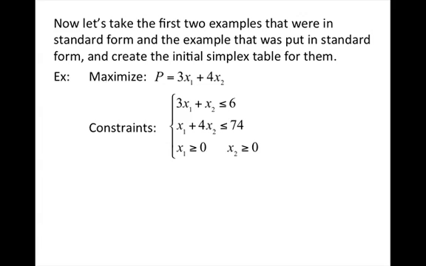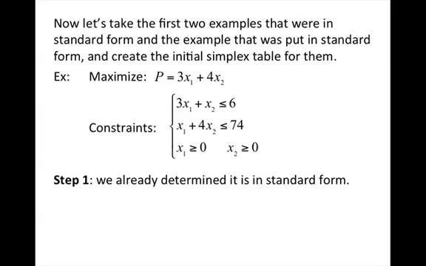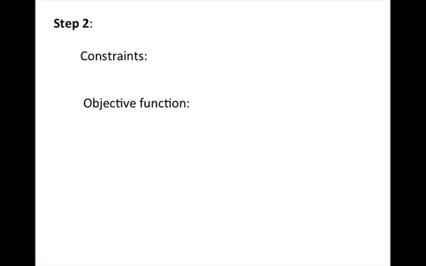So our first example was already in standard form, so that's step 1. We've already determined that it was in standard form. Then in step 2, I'm first going to take my constraints and turn those into equations. So if I take that first inequality, I'm going to add an S1 to the left-hand side, and that gives me 3x sub 1 plus x sub 2 plus s sub 1, my first slack variable, and that changes the inequality to an equal to 6.